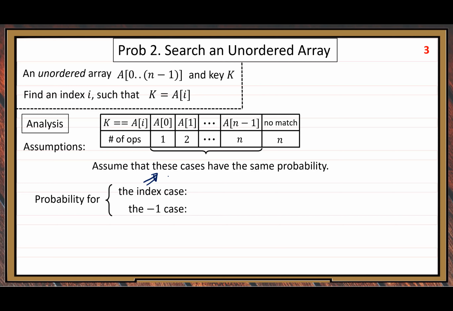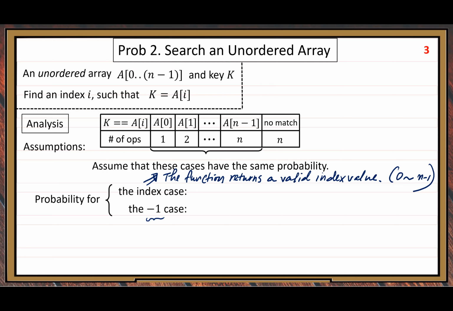Here we mean the function returns a valid index value, and that means 0 through n minus 1. And the minus 1 case, this is not a valid index, right? Minus 1. So that's the no match case.